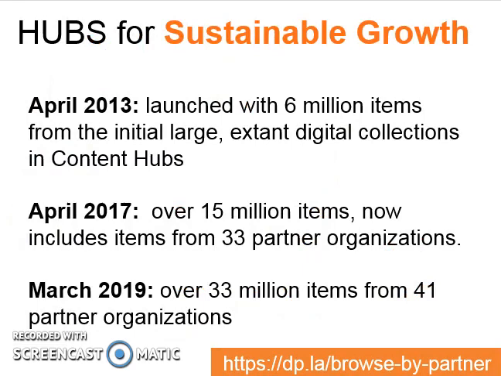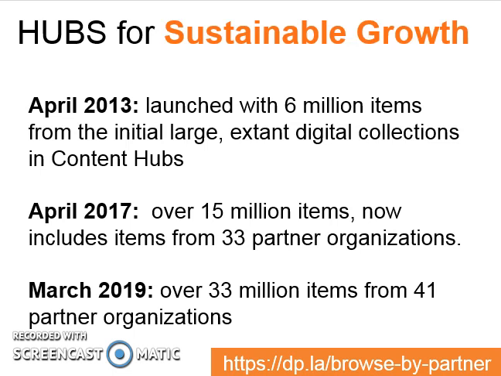The hub plan keeps DPLA nimble and allows DPLA to serve as a federated searchable database of the metadata from all of these institutions and redirect users to multiple host institutions. As workflows and technologies have improved, the ability to ingest metadata has increased. So when DPLA launched in April of 2013, it launched with 6 million items from those content hubs that had large extant digital collections.